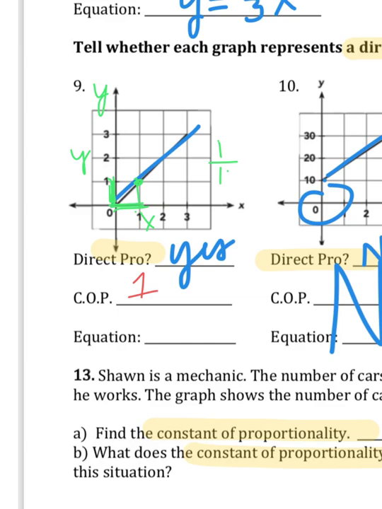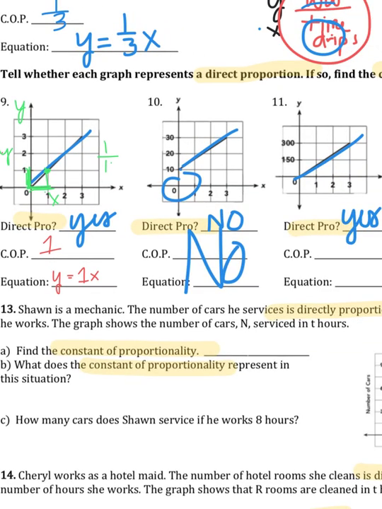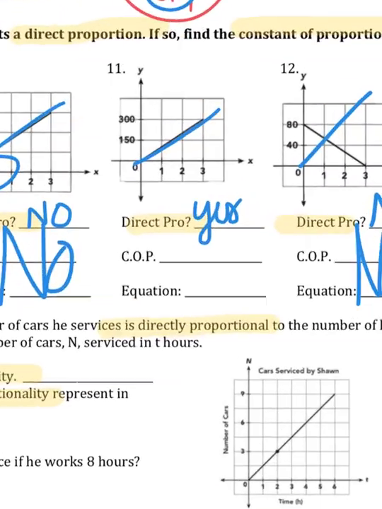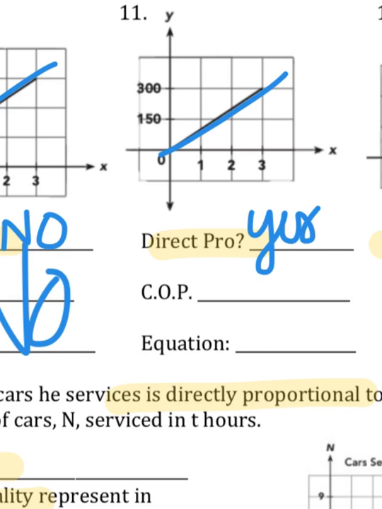The equation would be y equals 1x. So that was easy enough. That was an easy one. Okay, let's look at this one. Now we want to find where the intersection takes place. Well, not at 1, not at 2, at 3, right there is the intersection.